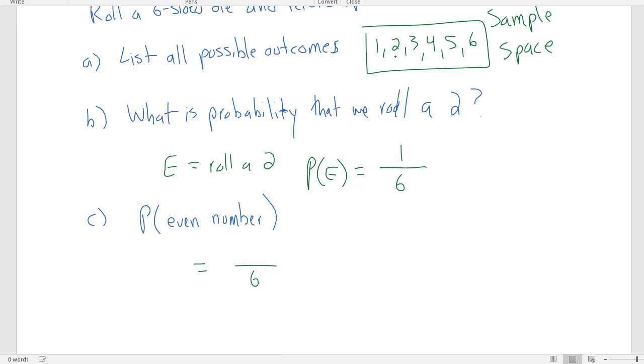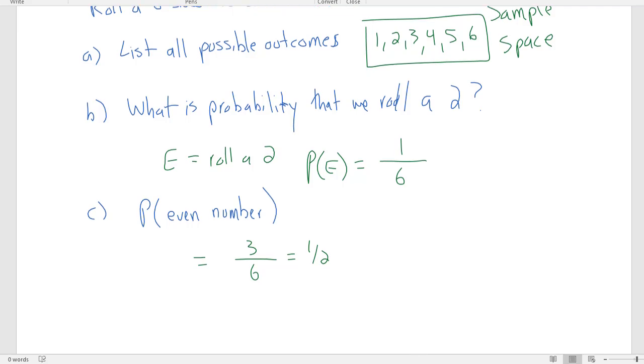If I come back up to my sample space, I can see there's a 2, a 4, and a 6 that satisfy the event of rolling an even number. So we have 3 possible ways, and if we reduce, that's 1/2. So here are 2 examples of looking at probabilities of specific events.